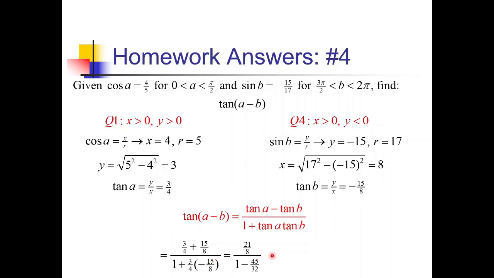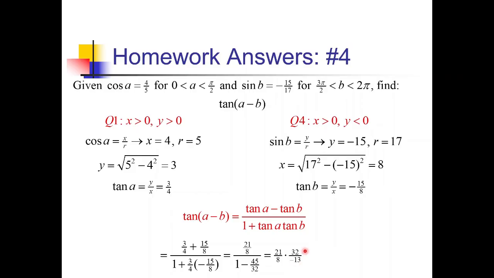And I'm going to simplify the denominator kind of in my head, and then I'll multiply by the reciprocal of whatever I get down here. So we've got, this is essentially 32 over 32 minus 45 over 32. That's going to be negative 13 over 32. The reciprocal of that is 32 over negative 13. So that's what I'm going to multiply, 32 over negative 13.